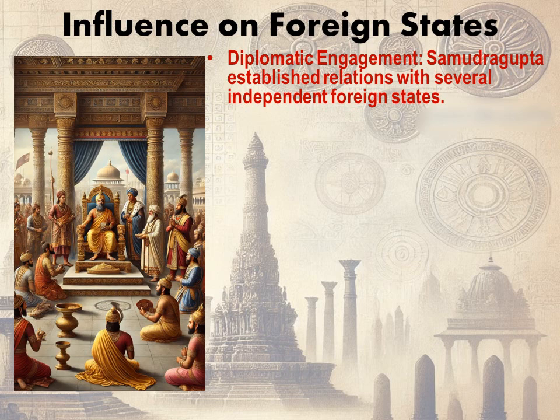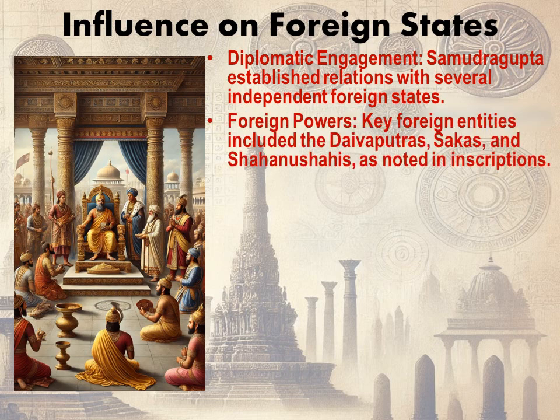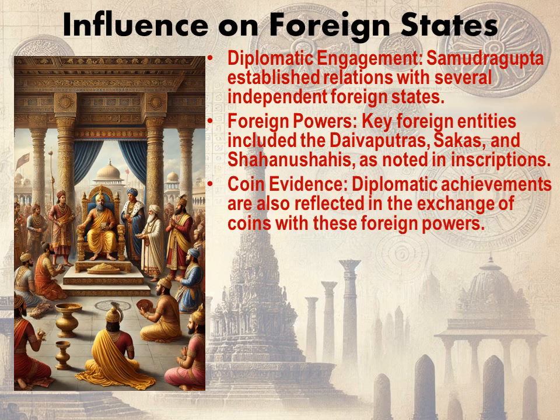So, several independent foreign states were influenced by Samudragupta, and that influence may have been established in a diplomatic manner. Key foreign entities included the Daivaputras, Shakas, Shahanushahis, as noted in the inscription. So, Shahanushahis, Shakas, and Daivaputras have been mentioned to be the foreign states who were in relationship with Samudragupta.